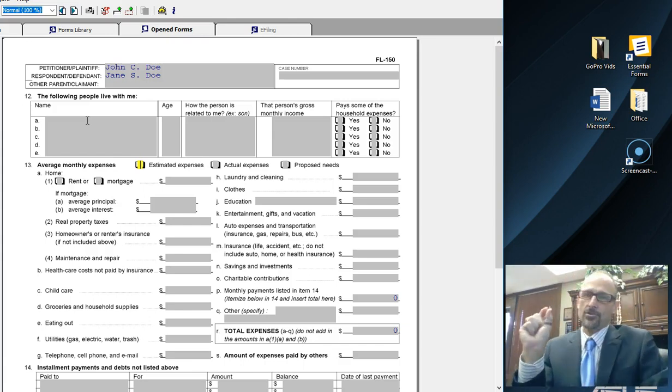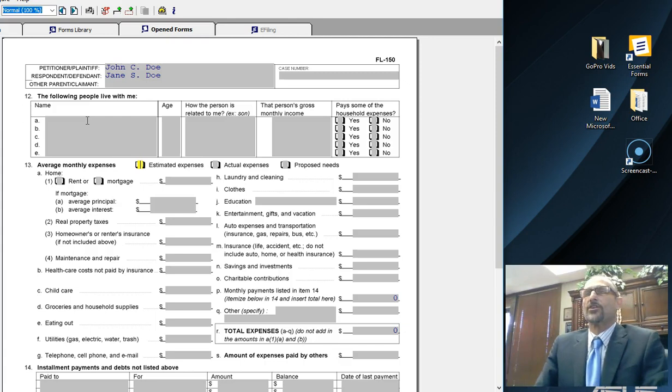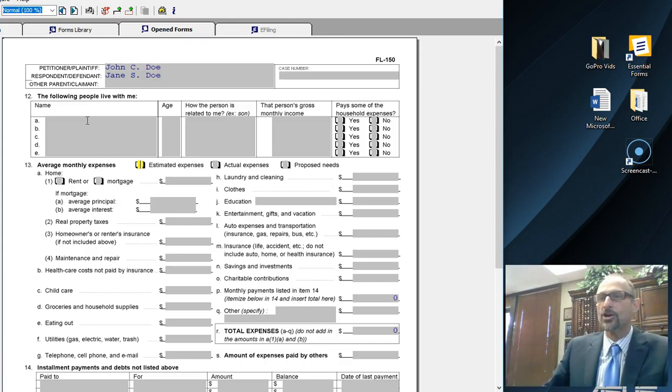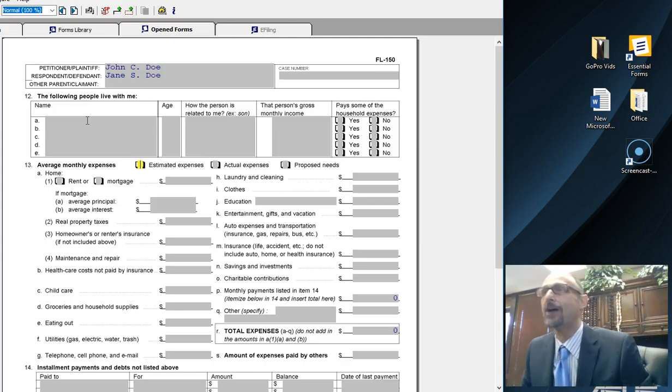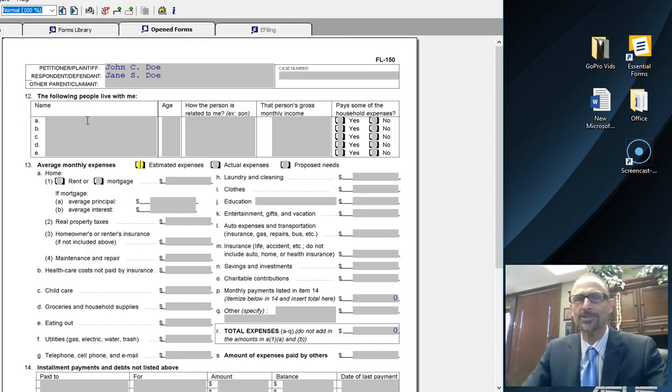Now, another use for this form that could be very helpful is, let's say, for example, you are presently living with your spouse and you are splitting everything up and your intent is to move out, and you're going to court and you're filling this form out because you're going to court asking for child support and spousal support because you need to move out. That's what the proposed needs box means to the right.